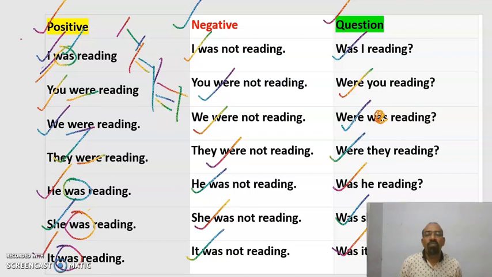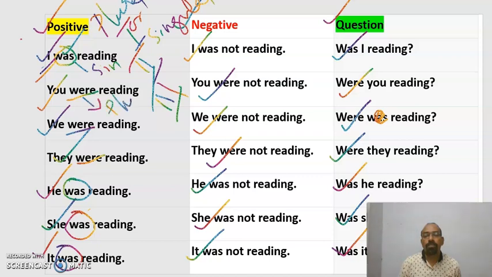This is the only verb or auxiliary in English which has plural and singular forms. Was is singular and were is plural. That you have to notice.